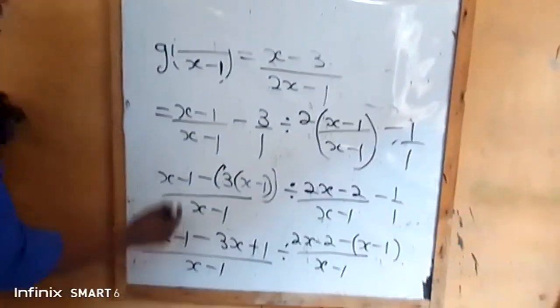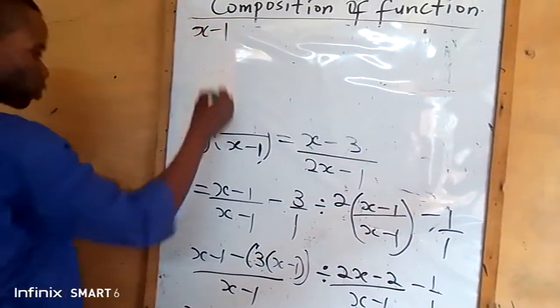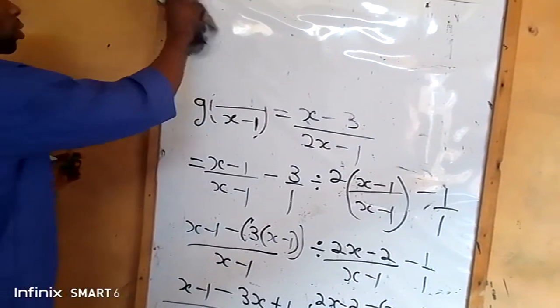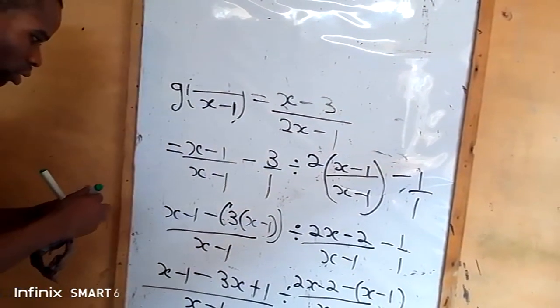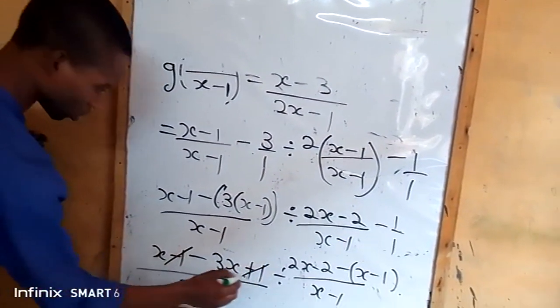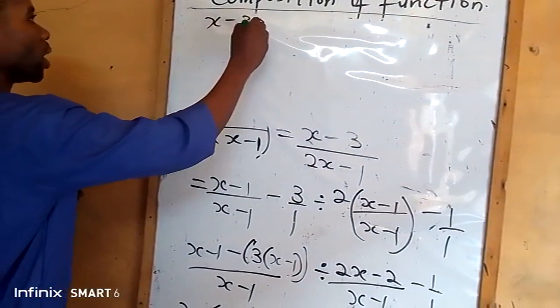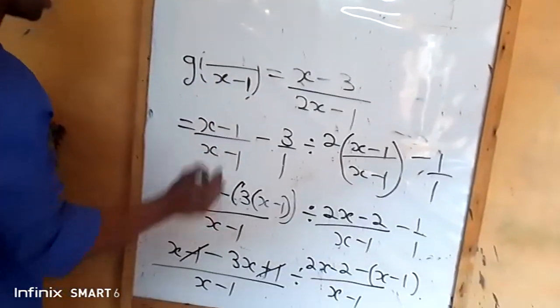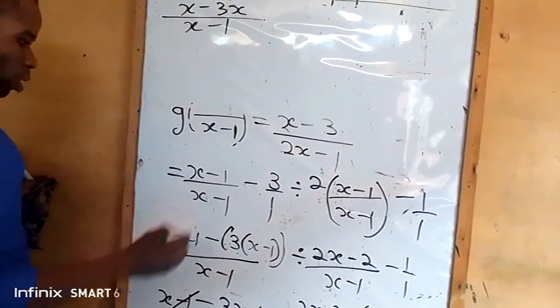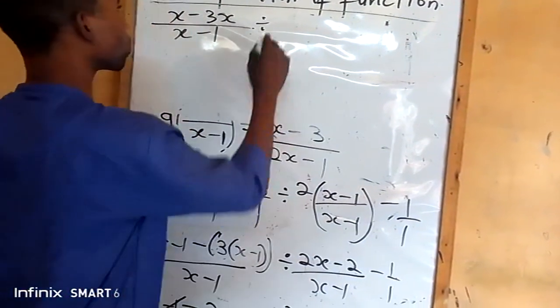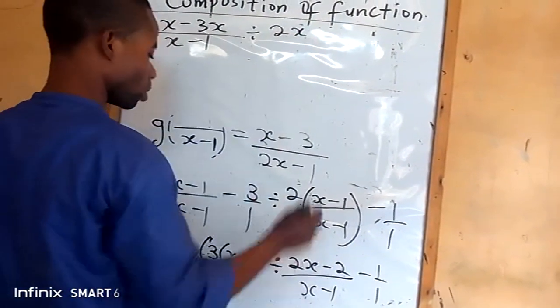Now from here, we have x minus 1. Let me just say, to avoid wasting time, minus 1 cancels plus 1. So we have x minus 3x left. x minus 3x all over x minus 1, divided by 2x minus 2.